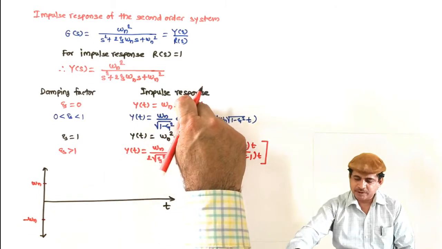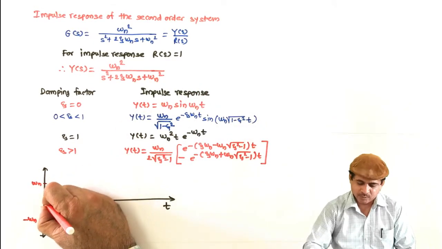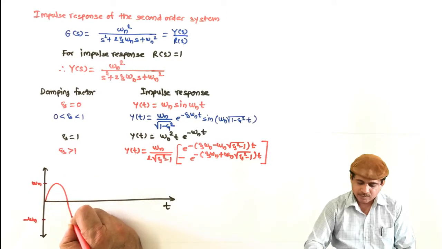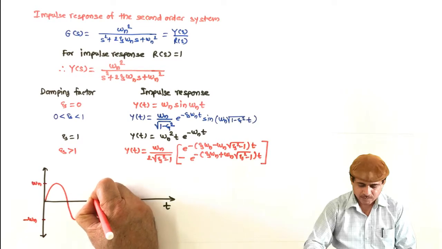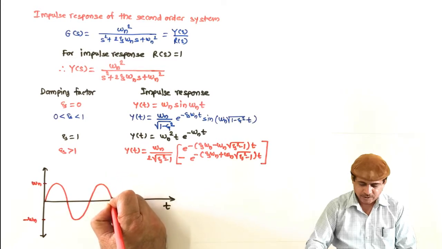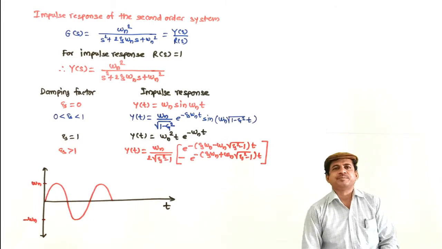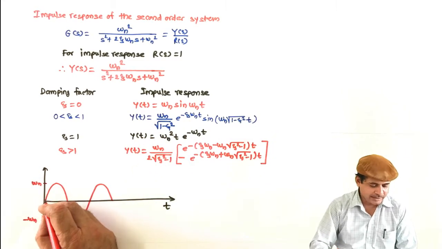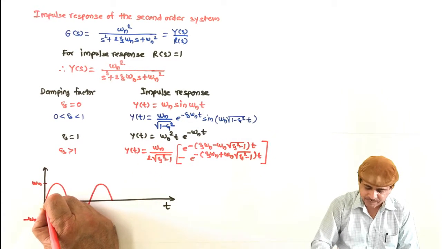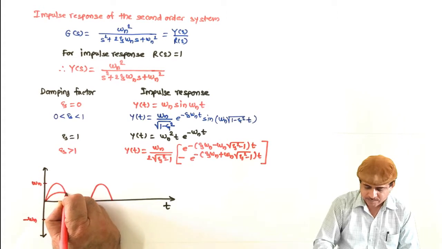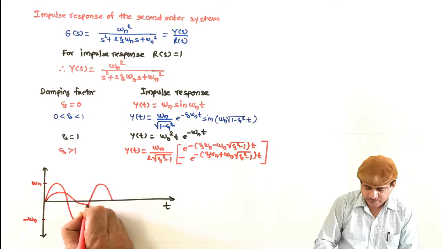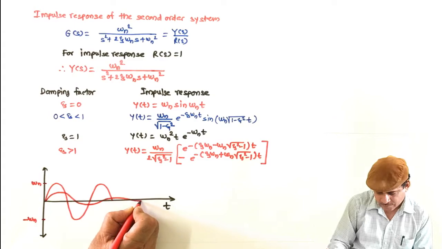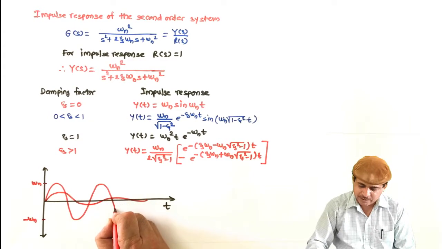So this first expression for undamped will be a sine wave, and it will be continuously oscillatory till infinity. Then if you consider this one, it is also starting this way, but the amplitude is decreasing likewise.